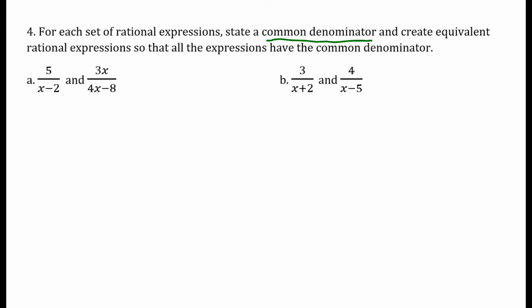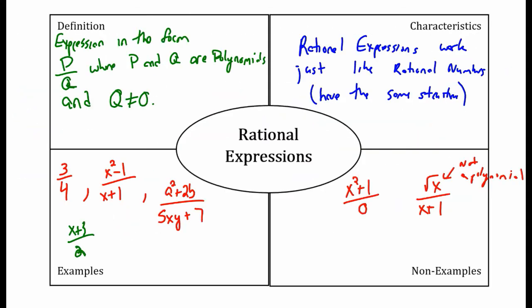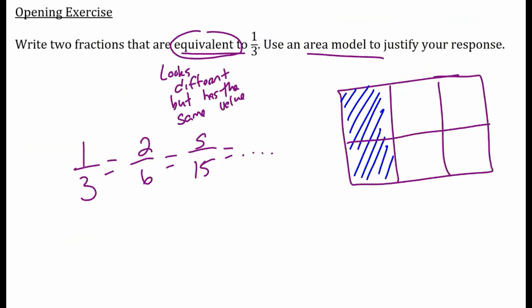So if we go back to our opening exercise for a minute, we were creating equivalent expressions. We came up with this rule that a over b is the same thing. Well, if I multiply the top and bottom by 2, I got that new equivalent rational number. If I multiply the top and bottom by 5, I got this new one.